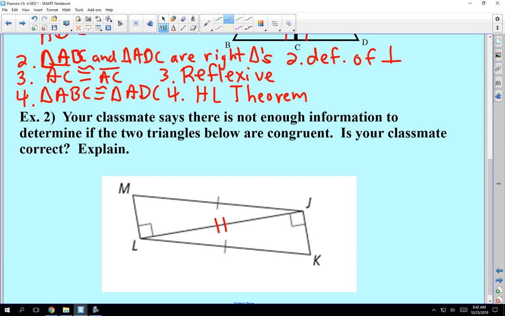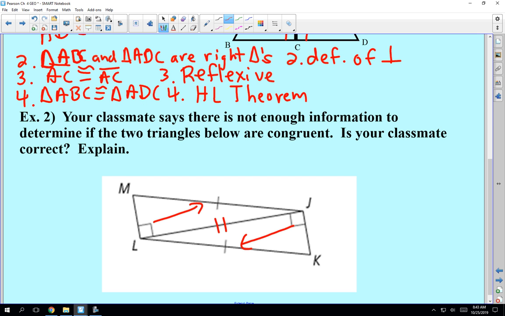But the question you have to ask is, if this is a right triangle, is it the hypotenuse that is one of the pieces that's congruent in each one of these? There's a hypotenuse marked congruent to a hypotenuse over here. So that is enough.